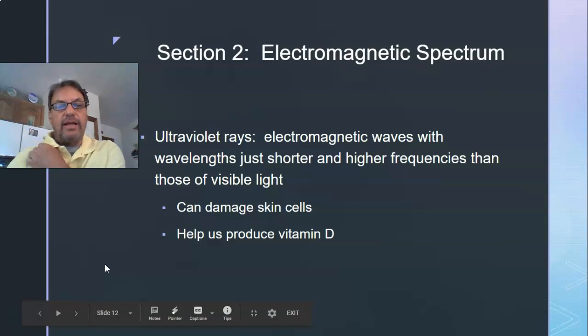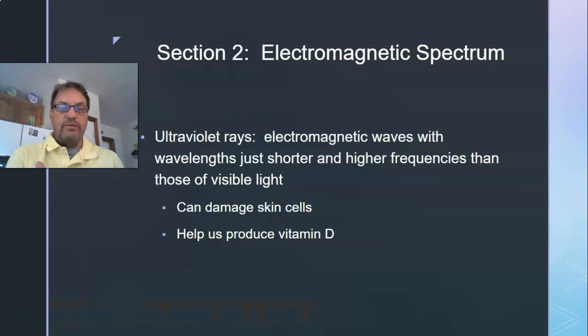Next, we're going into a little higher energy, and if you remember from the visible light section, the violet was on the higher energy side, and so right beside it are going to be the ultraviolet rays. On the opposing end, where red was, the lower energy, right beside it was the infrared. So that's kind of a good way to keep them together.